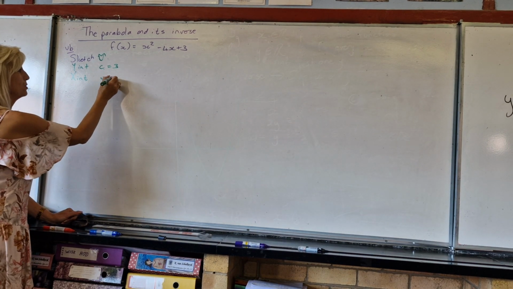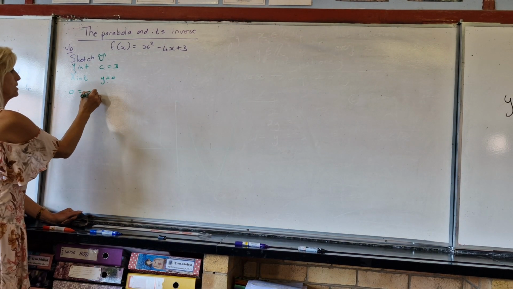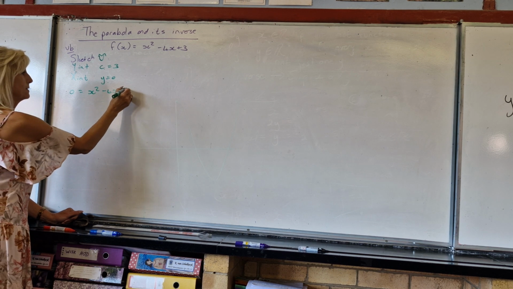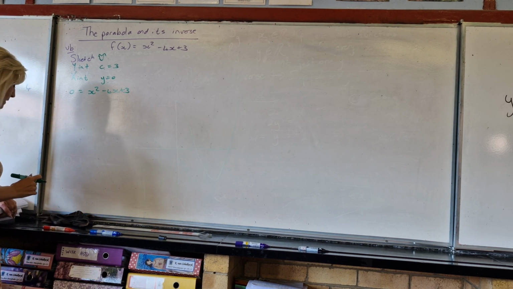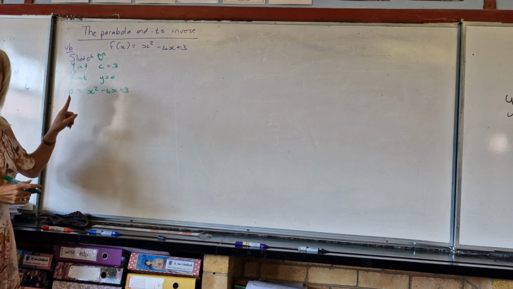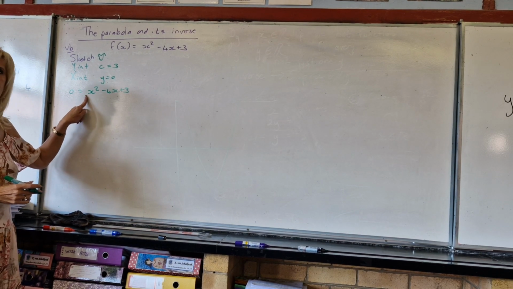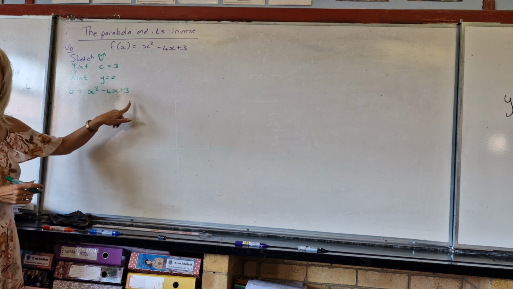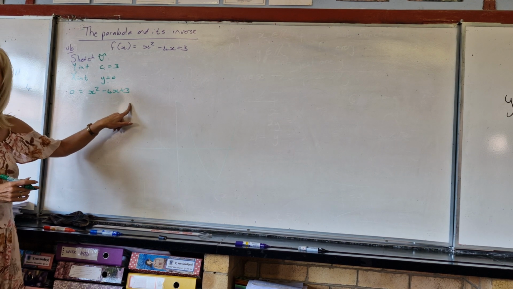You put y equal to 0, so it's 0 equals x squared minus 4x plus 3, and this is where your fantastic calculator comes in, although this wasn't so difficult to factorize. We put into our calculator a is 1, b is negative 4, c is 3 to get our x-intercept.